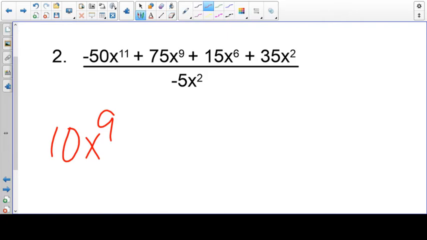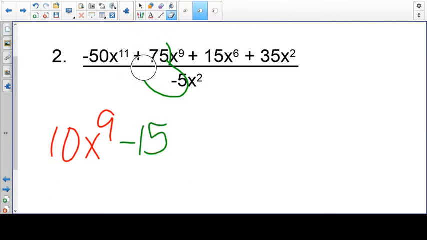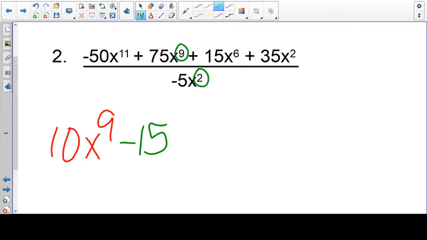Next, I'm going to take 75 divided by negative 5, which will give me negative 15. Then I'm going to take 9 minus 2, which will give me 7.